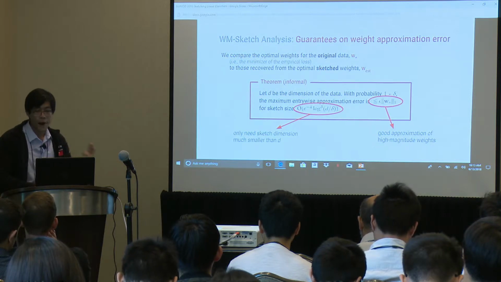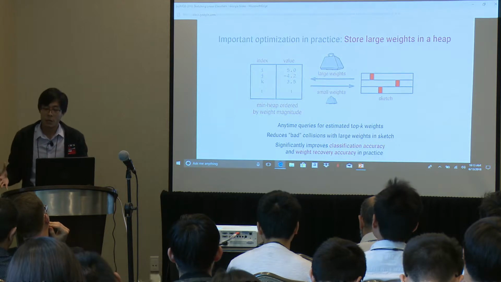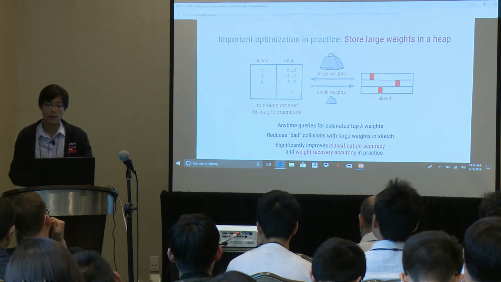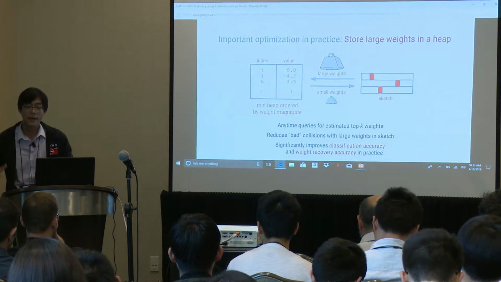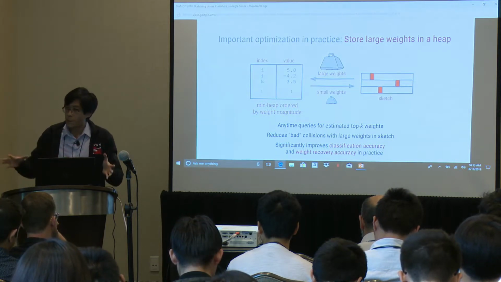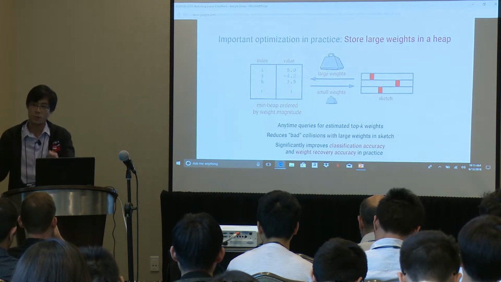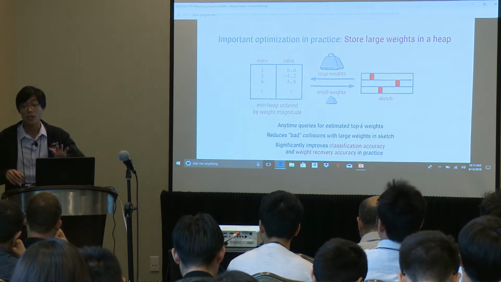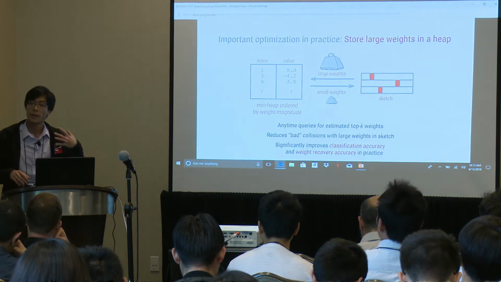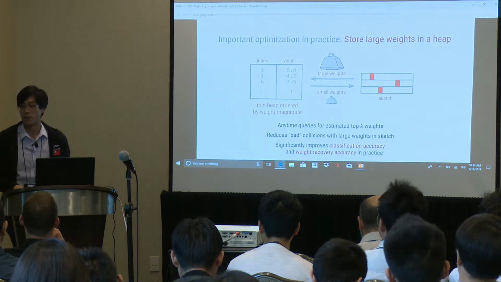Now, on a more practical note, I should mention that there is a very important optimization that we found that has to be done in practice in order to get really good performance. And that is this very simple procedure where, in addition to this sketch data structure, which is this 2D array, as you may recall, we also maintain a heap data structure that stores the highest magnitude weights in the model.